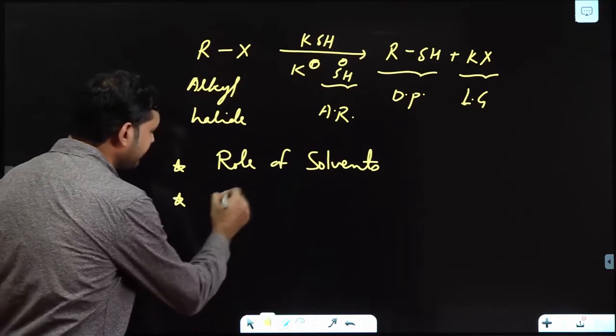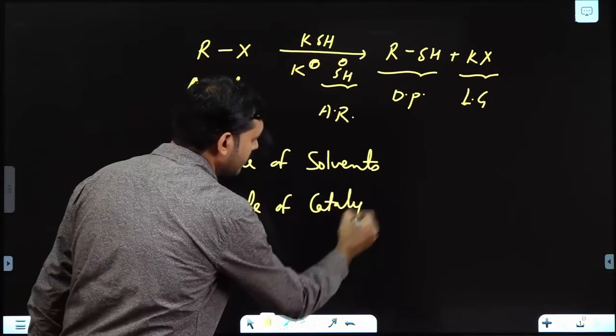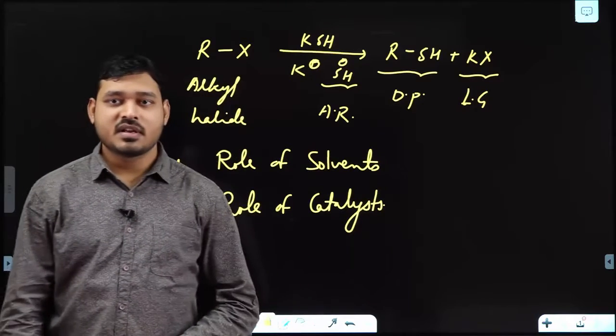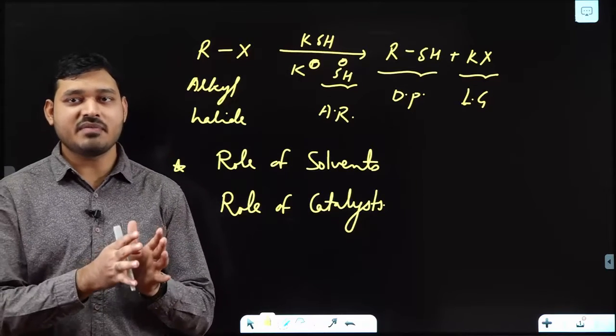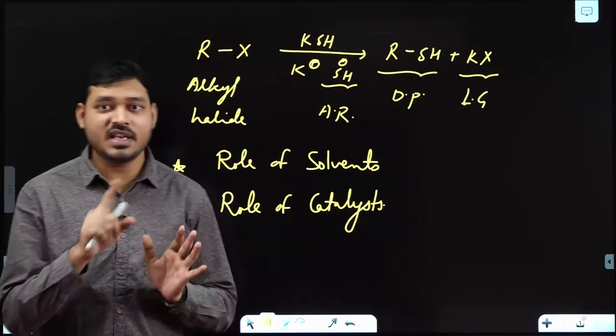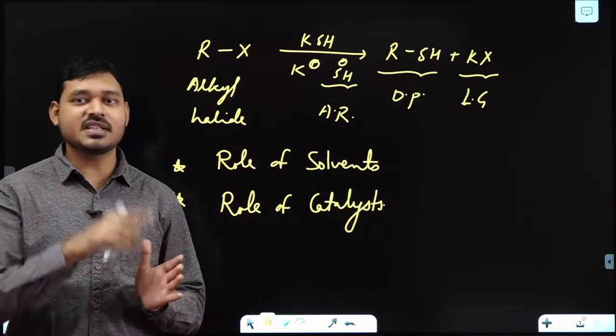Next, role of catalysts. Now what is the role of catalysts? See, in many reactions what happens, the reaction will be initiated. Okay, there is no role of catalyst in initiating the reaction, but to increase the rate of reaction, a catalyst can be used.